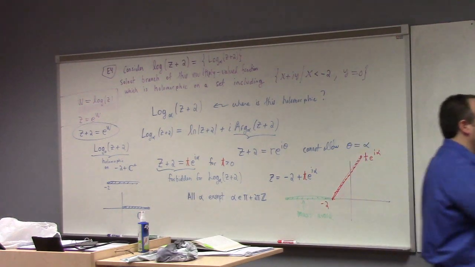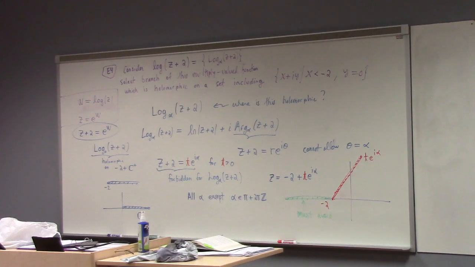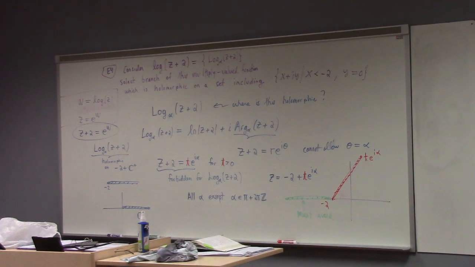Now we know how that works. This is the principal third root of minus 1 minus t, and then it's e to the 2 pi i over 3 times that principal third root, and then e to the 4 pi i over 3 times the principal third root of minus 1 minus t.